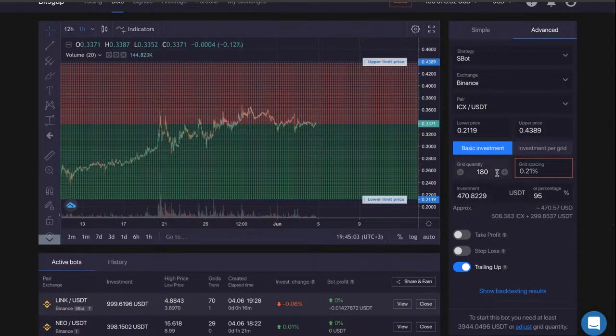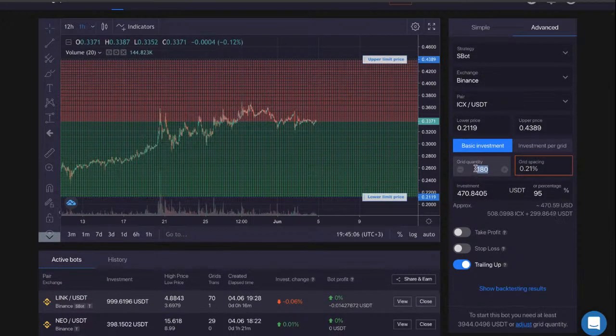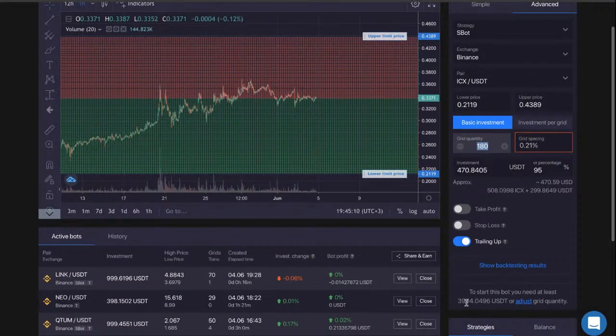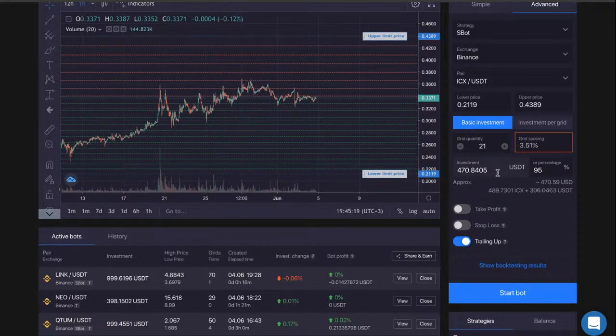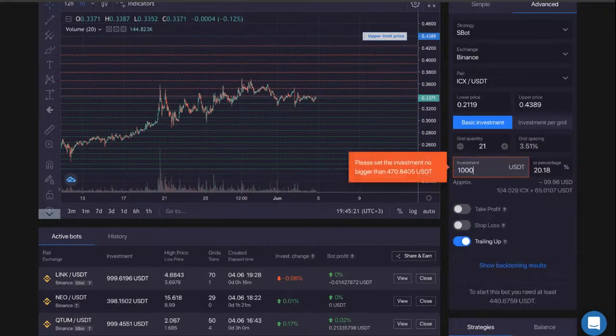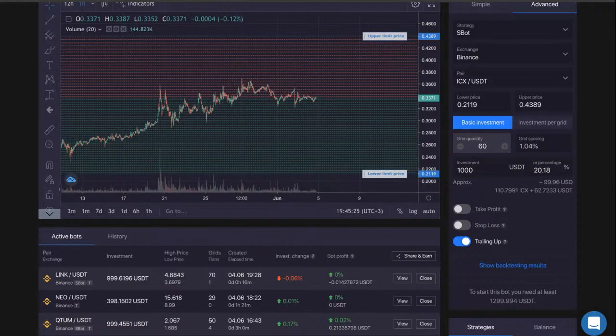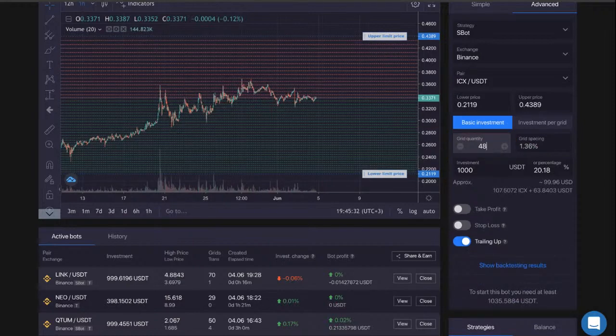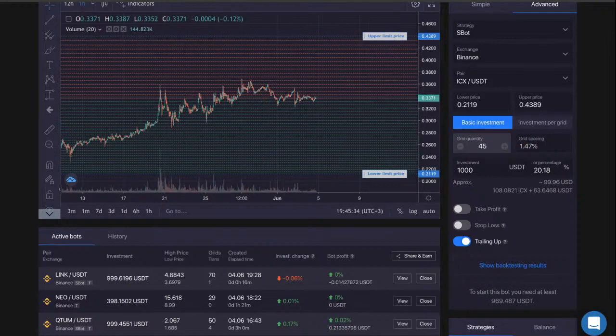And it's also telling me that in order to have the maximum grid quantity, which we offer, it's 180, you must have that amount of USDT. If you don't have that amount, you can, as I already showed you, adjust it. And let's say you want to allocate $1,000. And let's say in this case you want to increase by 60. It tells you that no, it's too much, then 50. Still too much, maybe 48. No, 45.